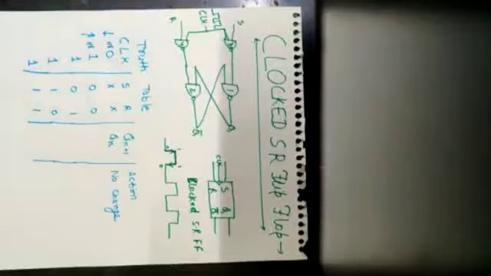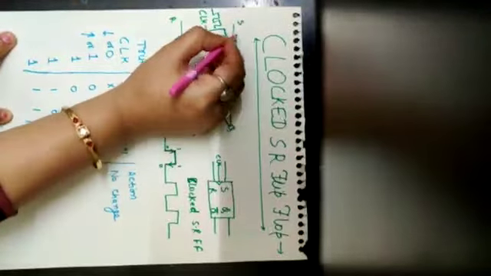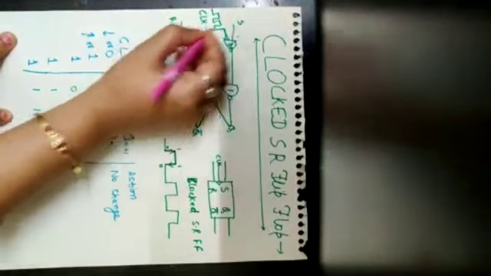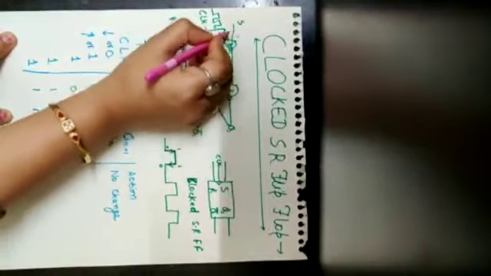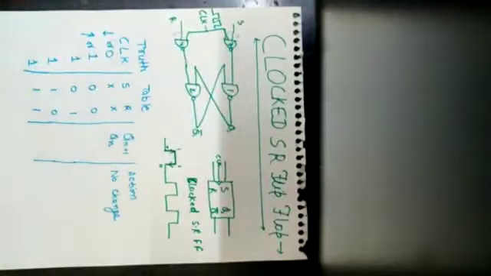So the first case that we are taking is when S is 0, R is 0, and the clock is high, means the clock is 1. Clear? Now we have to keep in mind the truth table of the NAND gate.